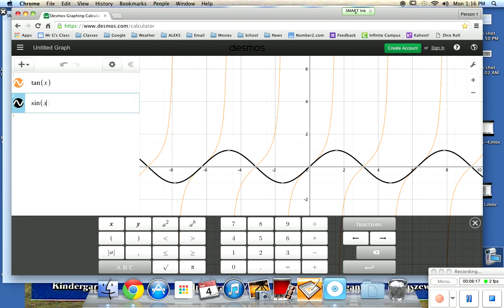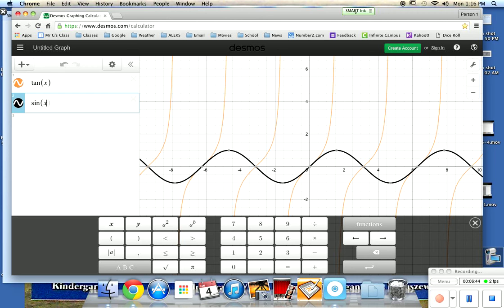Well, the sine crosses here is what? Pi, right? And this would be 2 pi, so this is pi over 2 and 3 pi over 2. So at 90 degrees, tangent of 90 degrees is what? It's what? Undefined. It's undefined.